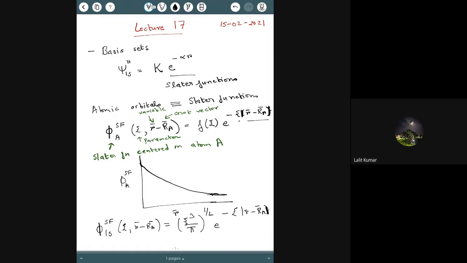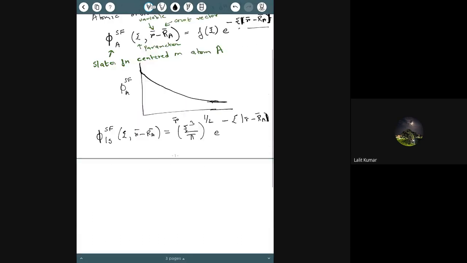Because if I did not put a modulus here, my s orbital, for instance, would decay on one side but not on the other. So you don't want that. You want a spherically symmetric function for the s orbital. So this is a modulus.